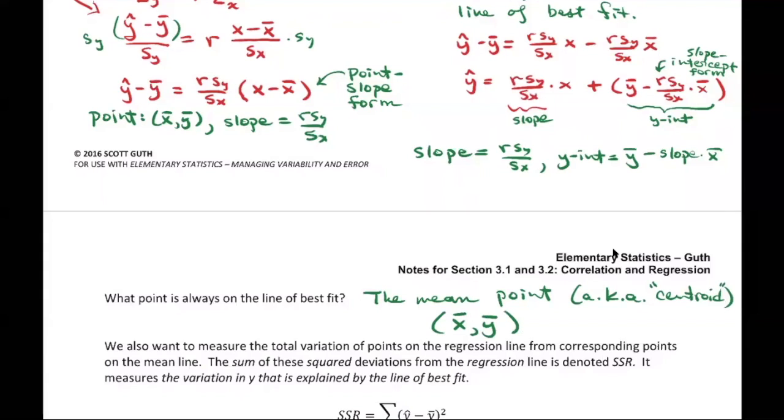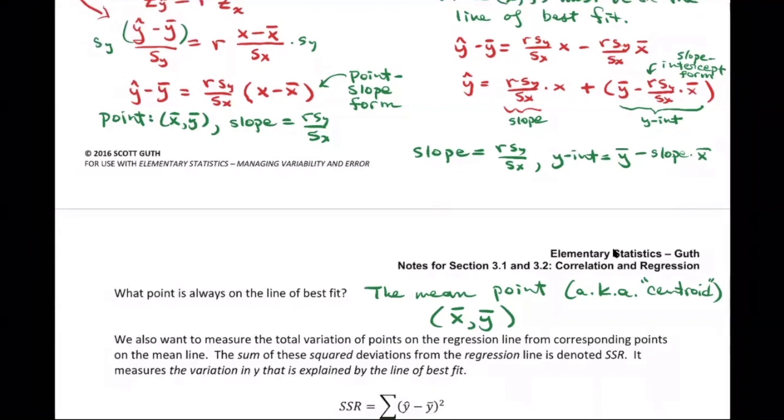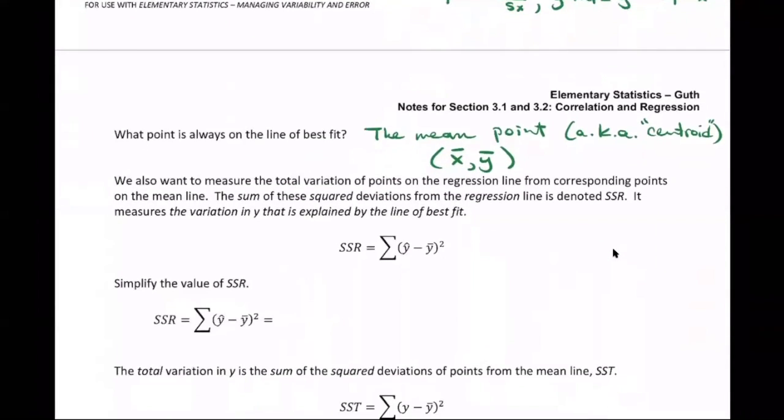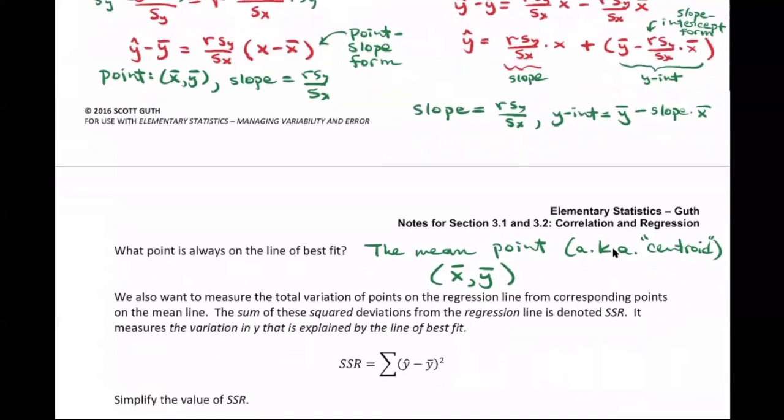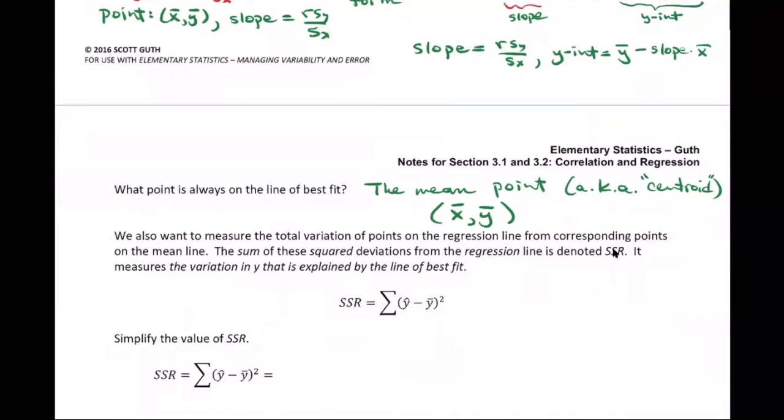Again, you'll be graphing this line, so to find the mean of the x's and the mean of the y's is to find one point on the graph of the line of best fit. Okay, any questions about that? And by the way, the other point will be the y-intercept. So if you graph the mean point and the y-intercept, you can draw a line of best fit. Okay, it's a little bit of computation to get to the y-intercept. The good news is that the calculator does this automatically.